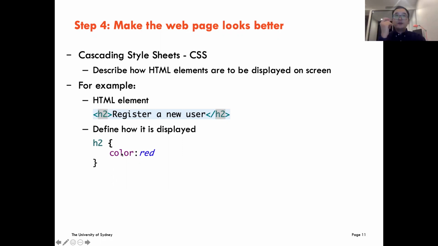For example, we can define that H2 should have a color of red. In addition, we can also define the size of the H2 to be 100 pixels, or even the font of this tag. Basically, CSS allows you to define different styles for the elements on your web page.